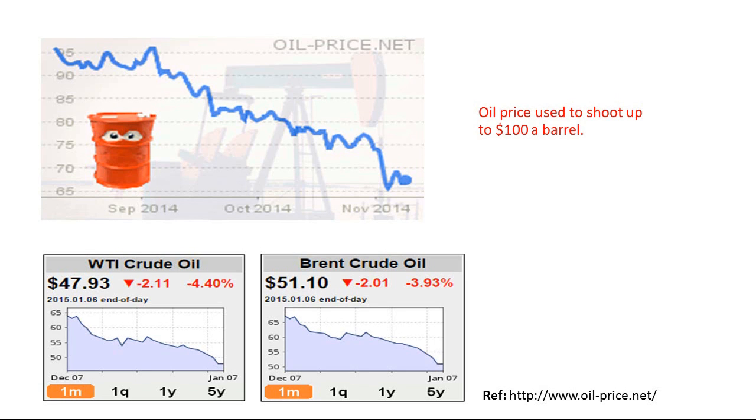Well, before going to the refining process, we should know how expensive crude oil is. Back in 2010, the price of crude oil used to shoot up to $150 a barrel. And when we look at these figures, last year, in about July, August, or September, the price started to decrease.